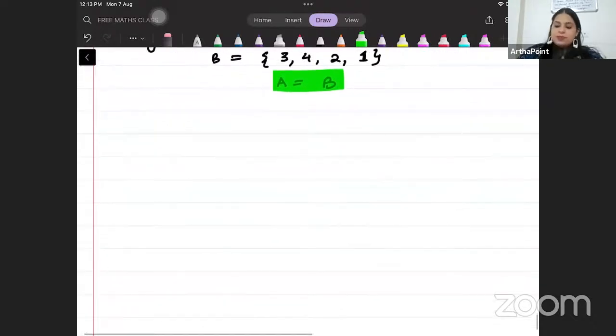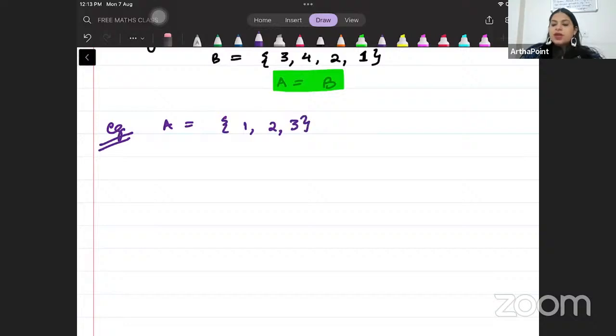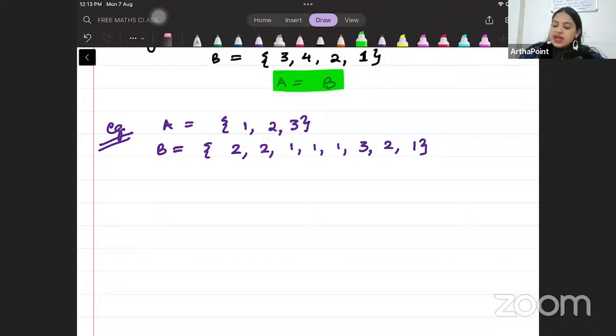Achha, take another example and tell me whether they are equal or not. Now what I'm doing is I'm saying A is 1, 2, 3 and beta I'm saying that B is 2, 2, 1, 1, 1, 3, 2, 1. Are these equal or not? The answer is yes. Beta, set contains unique elements.